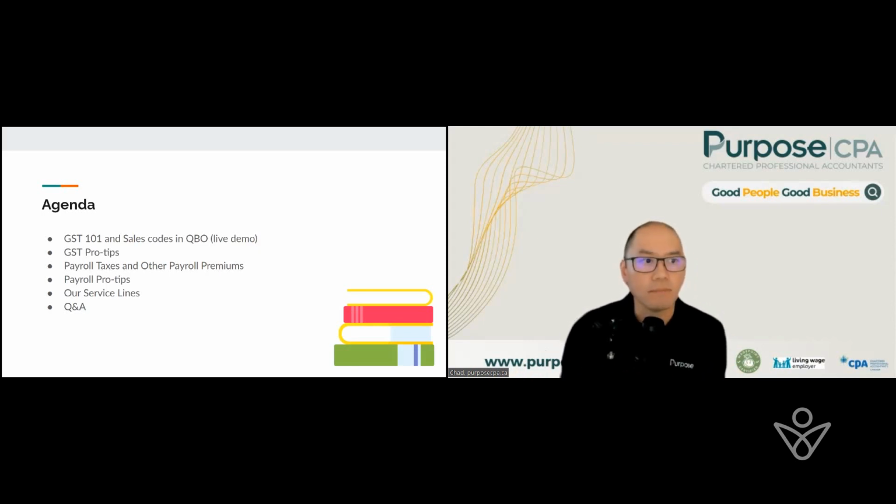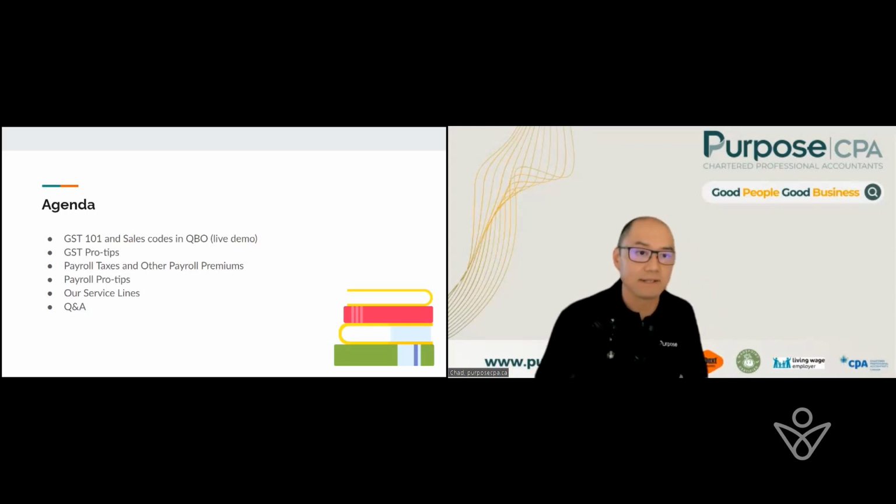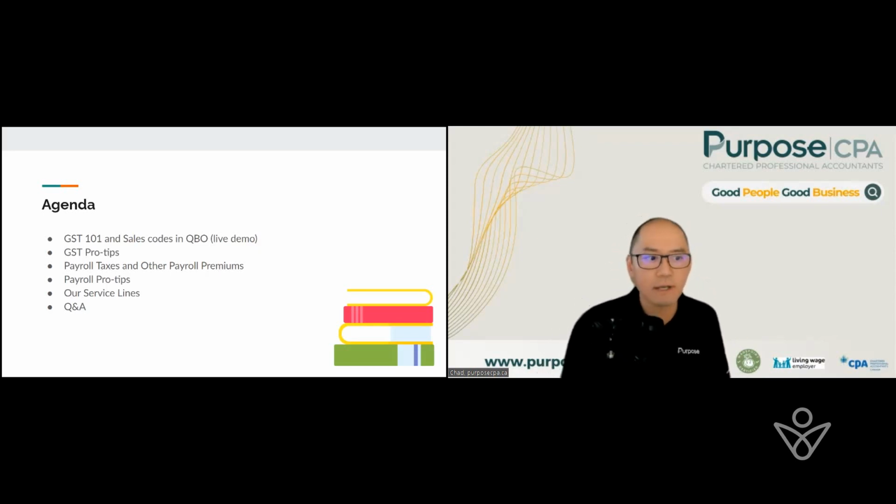Won't get into income taxes. Income taxes is really straightforward. You have your income and your expenses. The taxes that are more complex can be in the GST and payroll taxes. So I'll get into that for today. But happy to talk about income taxes and other forms of compliance that you need to do when running a business.